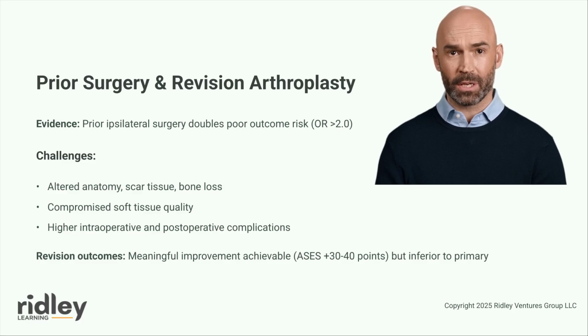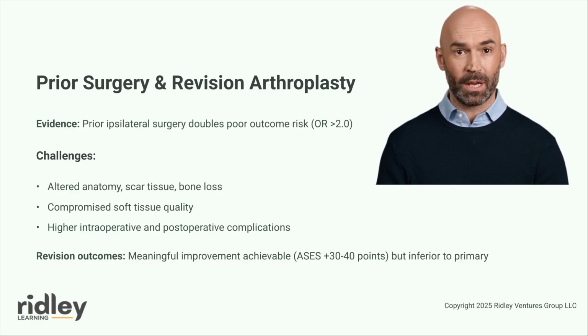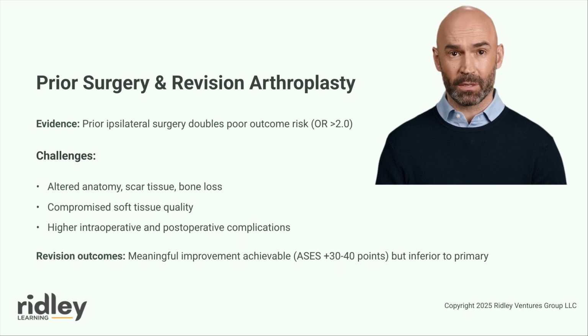Patients with prior surgery experience higher rates of intraoperative complications, including difficulty with component positioning, compromised bone quality, and inadequate soft tissue coverage, as well as postoperative complications including infection, stiffness, instability, and need for revision surgery.